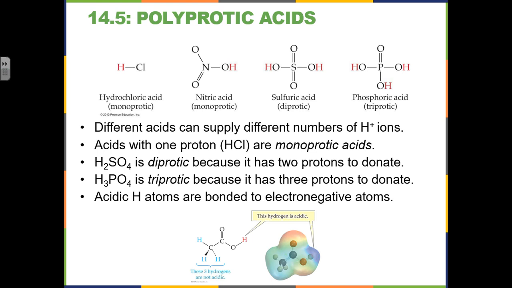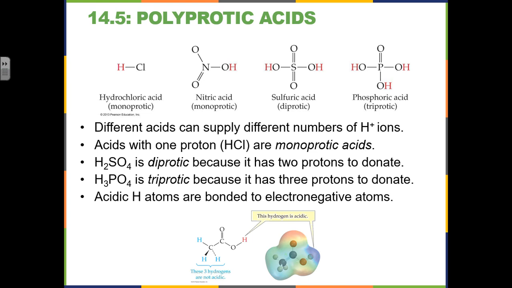So in this case, we have different acids that feature different numbers of hydrogen ions. We have our first example of a monoprotic acid, which features one H group that can be donated. We have another example, which is sulfuric acid, H2SO4, which is a diprotic acid because it has two protons available for donation.